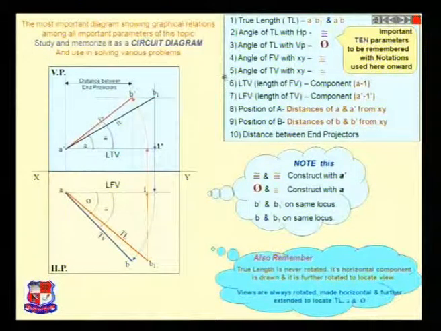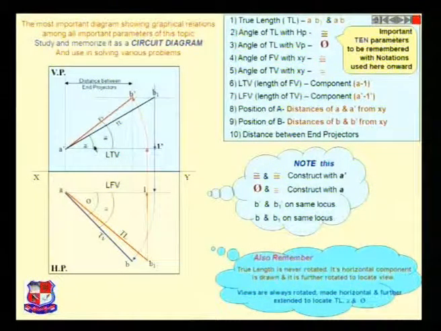If you see the angle of the front view with the XY line, the XY line is this, and the angle of the front view will be located over here in the vertical plane, denoted by sigma like this.